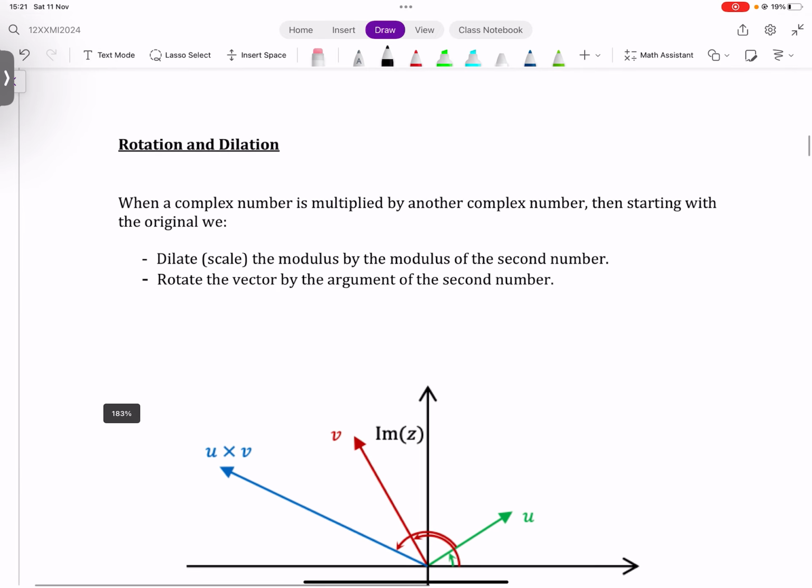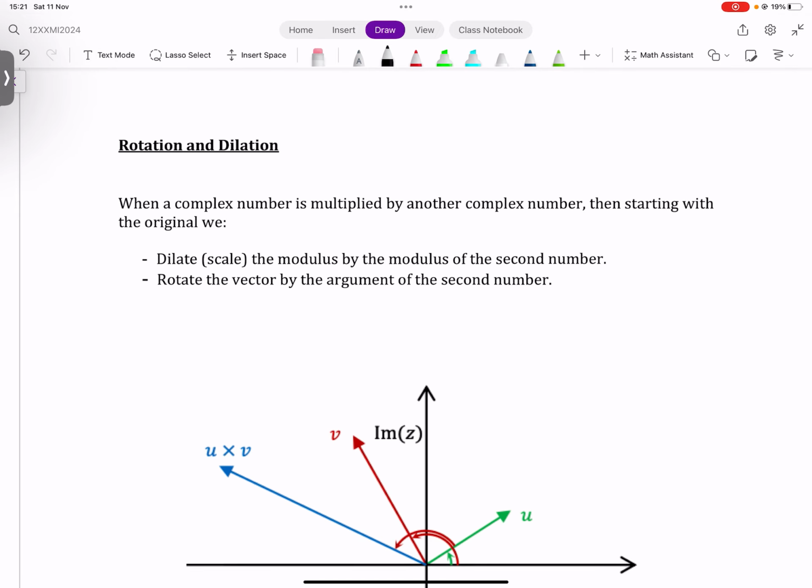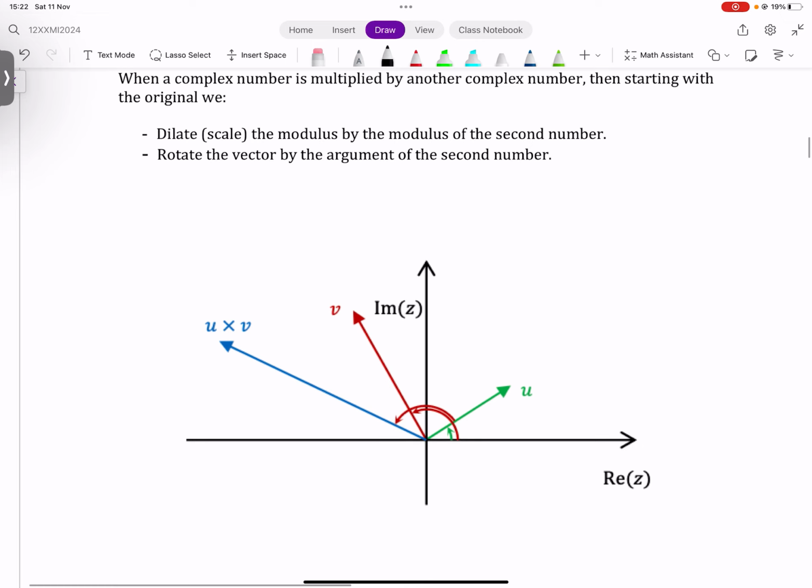Okay. Rotation and dilation. When a complex number is multiplied by another complex number, then starting with the original, we dilate or scale the modulus by the modulus of the second number. So we extend or contract the first complex number by the modulus of the second complex number. And we rotate the original vector by the argument of the second vector.